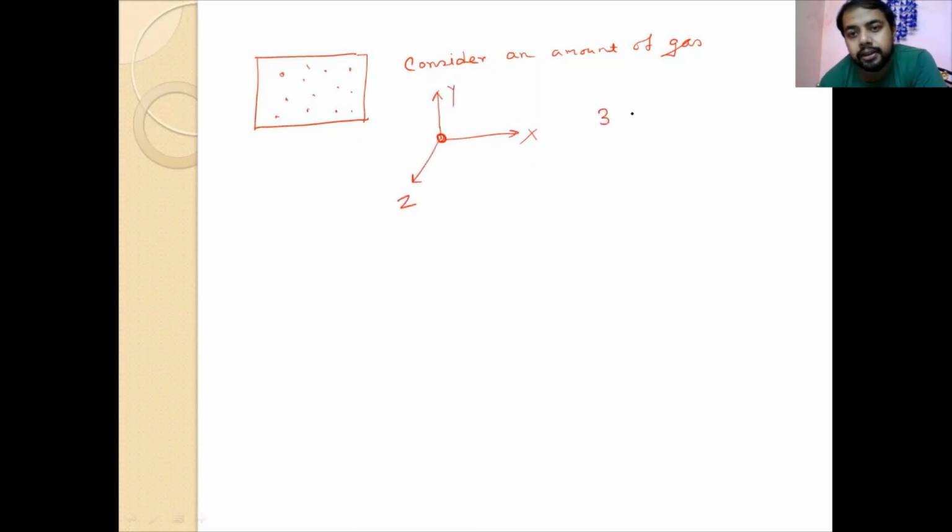So 3 translational degrees of freedom are there. Similarly, the same molecule can rotate about the x-axis, the y-axis, and the z-axis. So plus 3 rotational degrees of freedom. So 3 translational plus 3 rotational degrees of freedom: in total, a single molecule has 6 degrees of freedom.